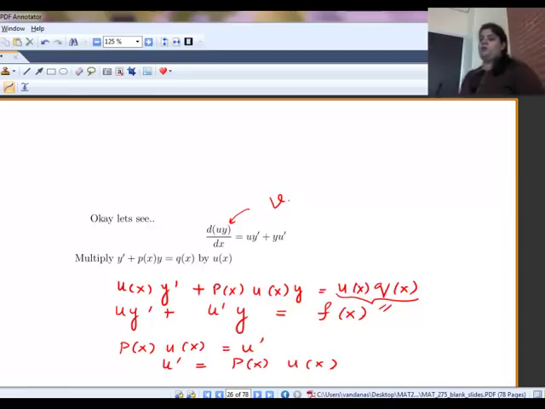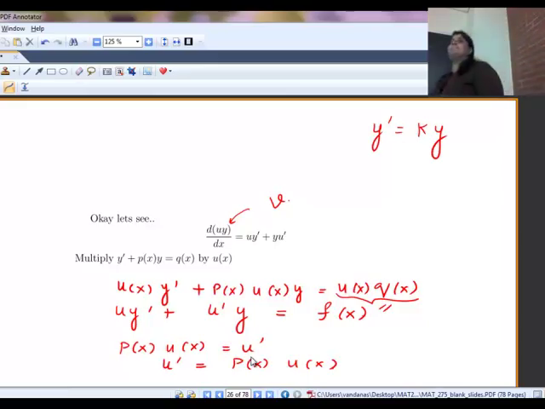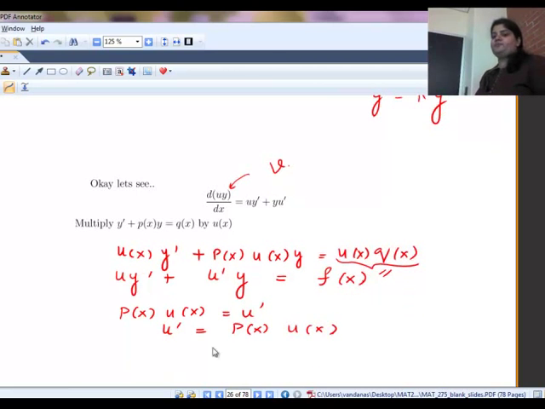Okay, so now how will you find u? You just told me what is the solution of the earlier problem. Is there any connection between that problem and this problem? Almost the same, the only thing is that there you have a constant and here you have a function of x. But the same idea will work here. u(x) is nothing but e to the power integral p(x) dx.